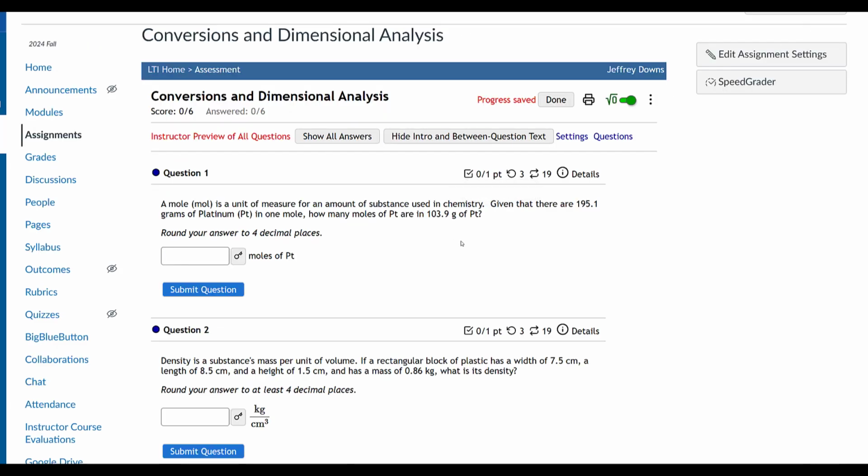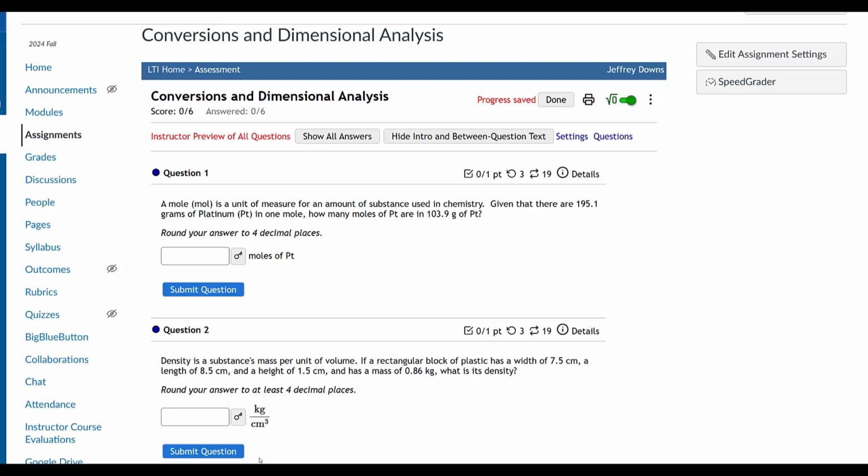So I just want to show you, for example, this first problem. Given that there's 195.1 grams of platinum and 1 mole. A mole is a unit of measure in chemistry. How many moles of platinum are in 103.9 grams of platinum?